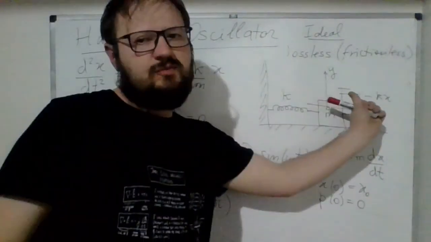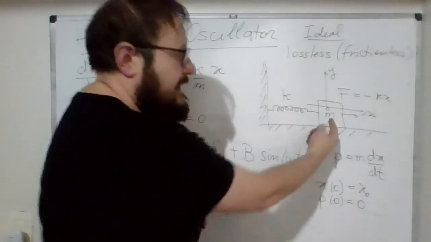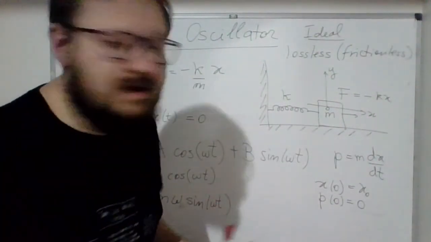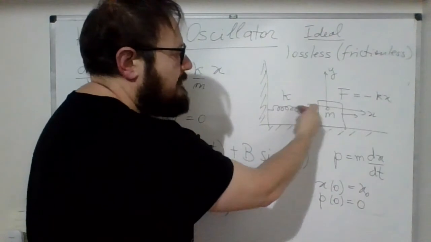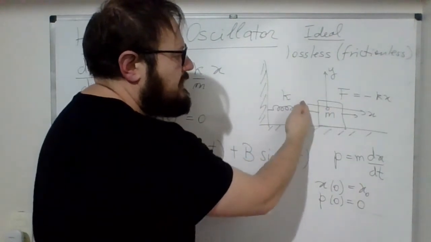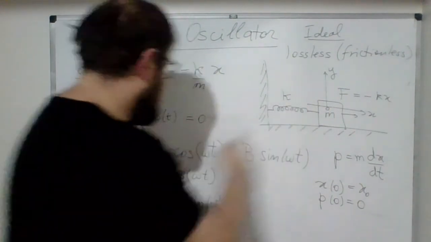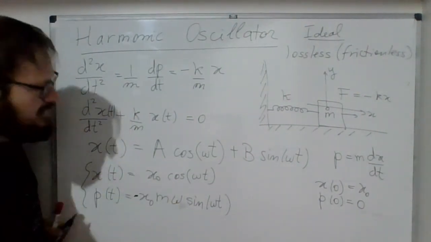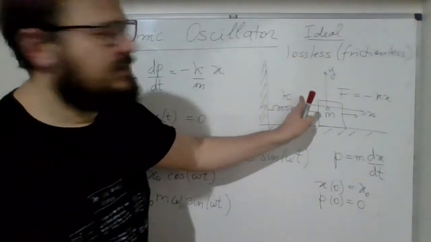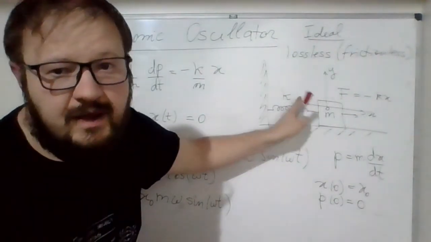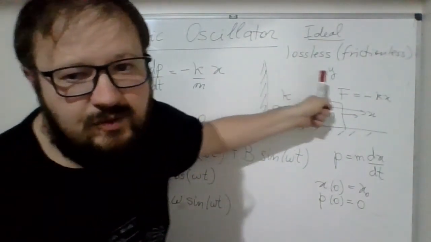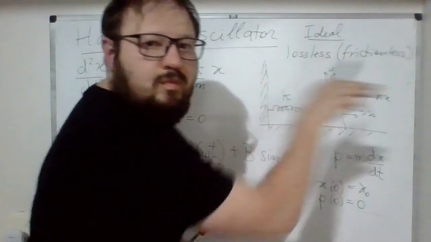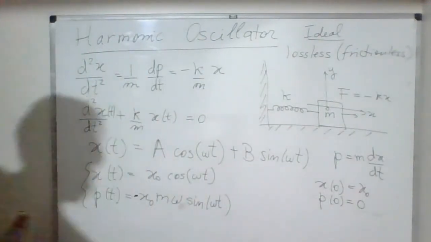The velocity will be to the left, and then because of inertia, you will pass the equilibrium point and it will become negative. It will oscillate as a cosine function, and velocity at some point will be 0 again, and then the mass will become moving to the right side here.